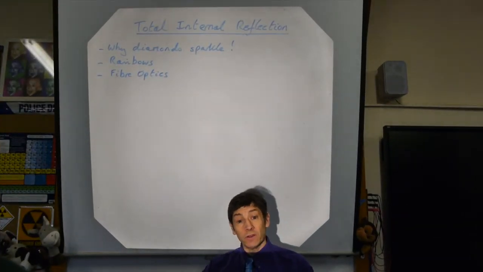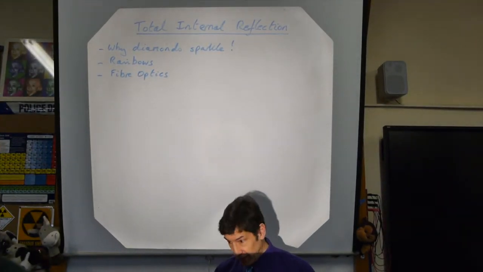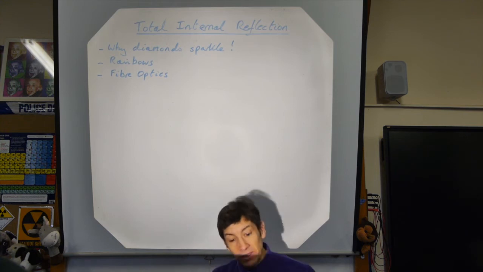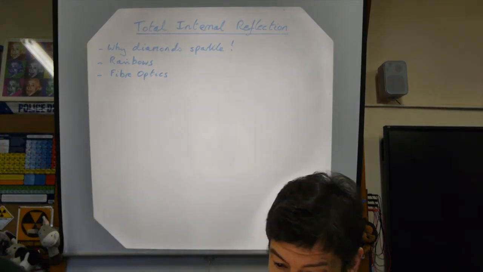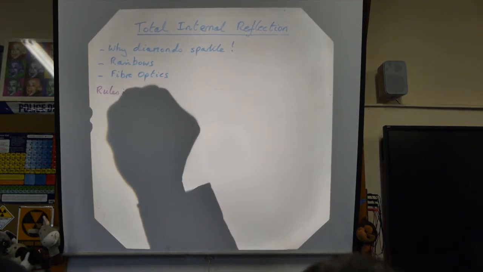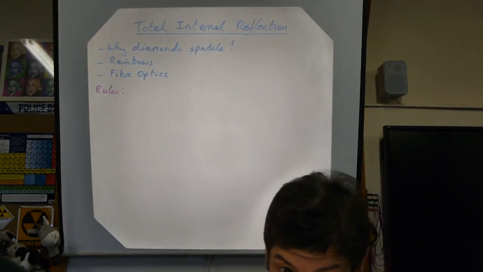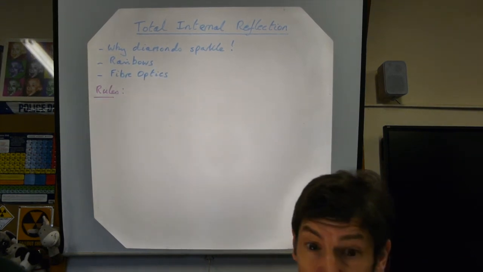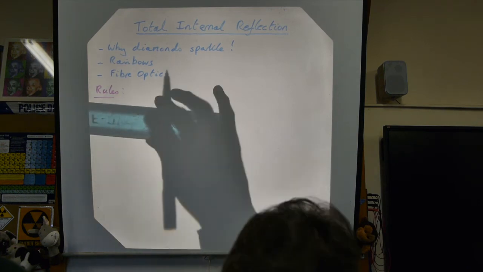So, for total internal reflection to happen, and I'm aware I have to explain it and show it to you in a minute, but I'm going to set some rules, so where you hope to find total internal reflection. There's a couple of situations that have to be true for it to happen. So, the light must be going from a higher to a lower refractive index.